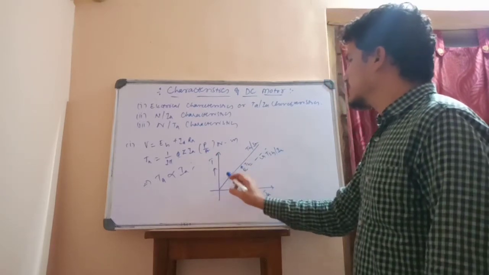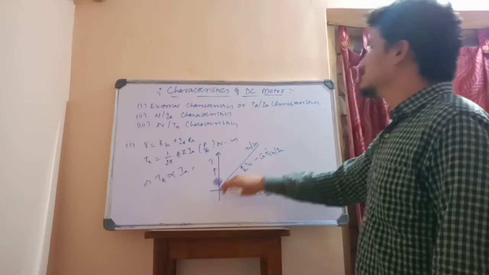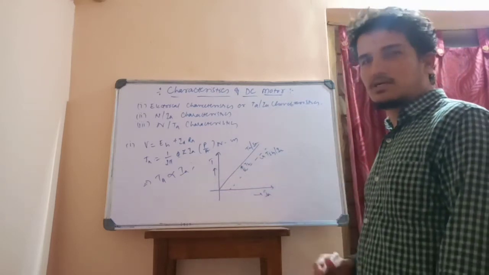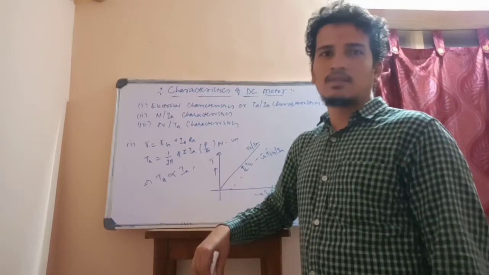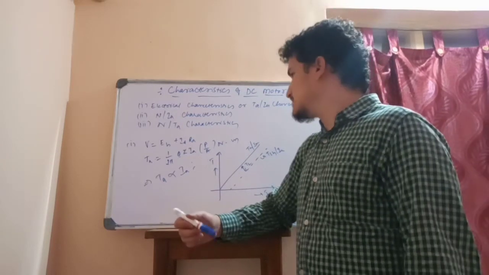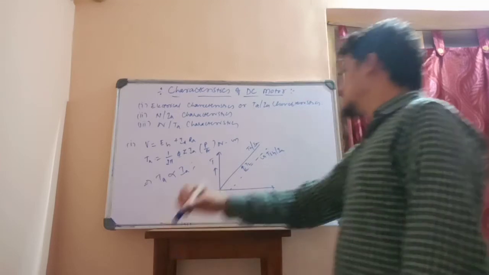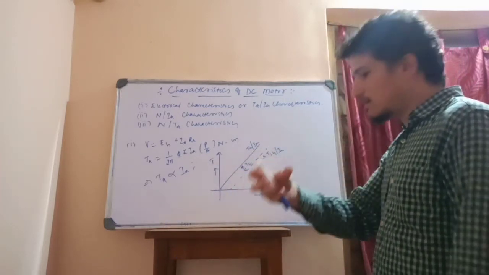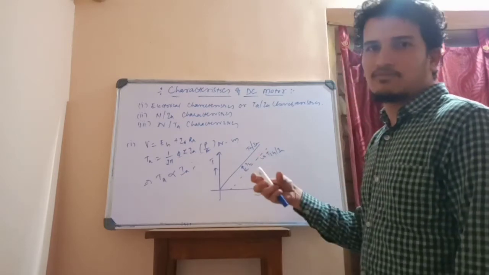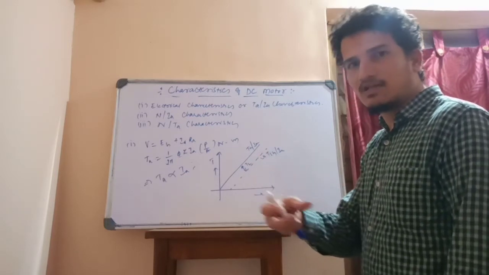So if the load increases on the motor, the torque increases proportionately. Where does such an application lie? In centrifugal pumps and all. What will happen? As you open the valve, the amount of water sucked, or the volume of water required, also increases.